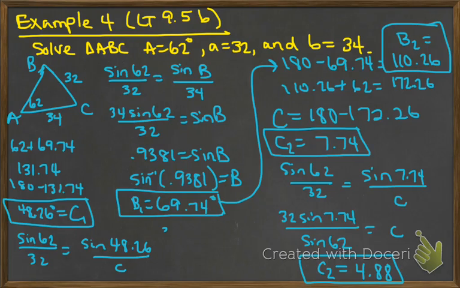And now cross multiply, so 32 times the sine of 48.26 over the sine of 62. And that's going to equal the little c value. So I type that in the calculator, and I get that little c, or C1, because from the first triangle, is going to equal 27.04.